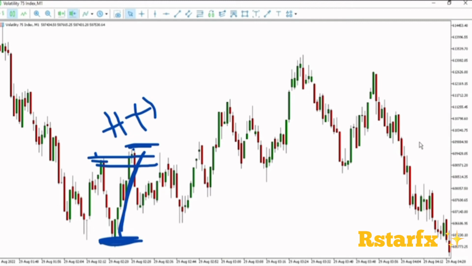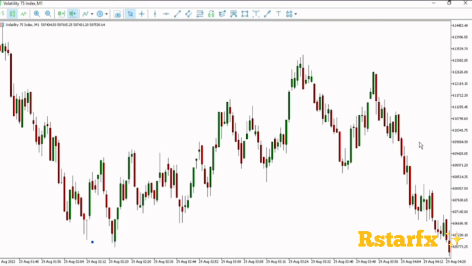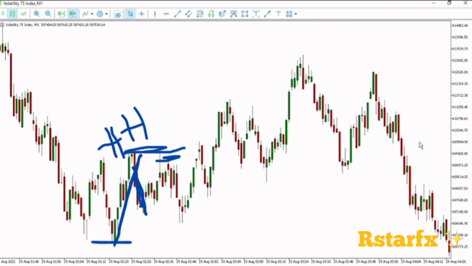So we have a pullback. We are not using this area only, because this high here is not up to this previous one, so we call all these ones here a pullback. All of this we consider as pullback, so this will be our higher low.